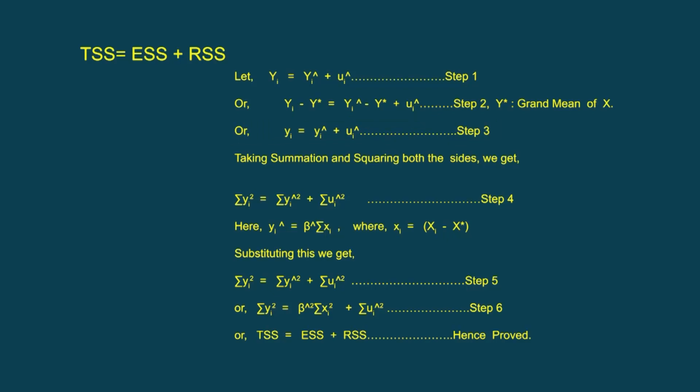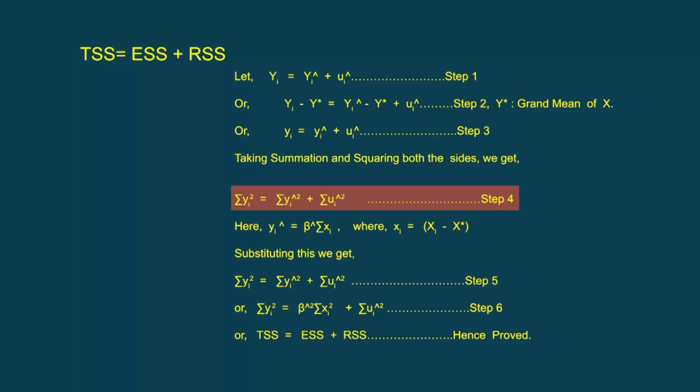Now we know that it can be negative or positive, so we take it for all the observations, that is by summation, and we square it on both sides. After doing everything, we get step number 4, where we get summation of yi square, the exact observation, equals summation of yi hat square, the predicted value, plus summation of ui hat square.